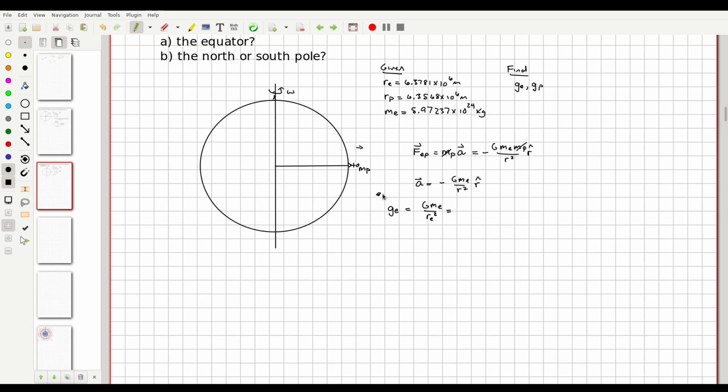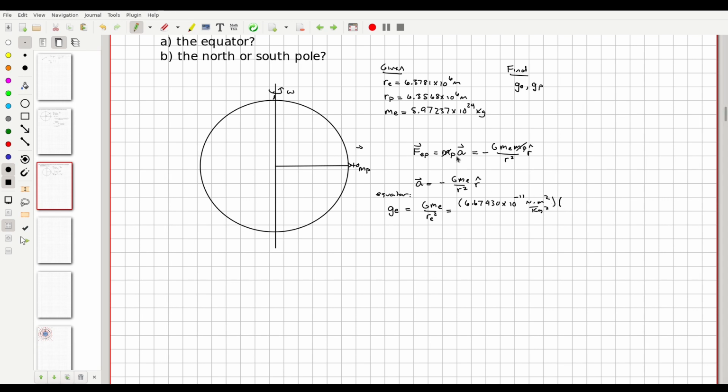So this is the equator. Now, G from before is 6.67430 times 10 to the minus 11th Newton meters squared per kilogram squared.